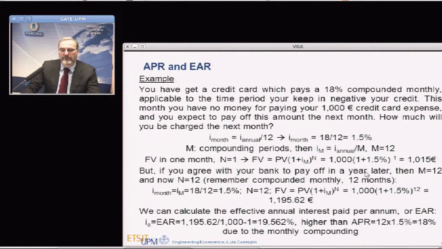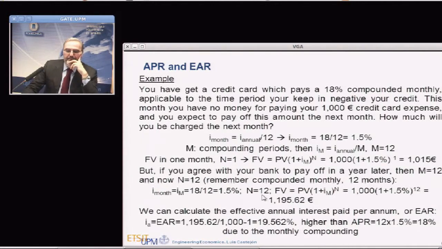But for example, if you want to pay this amount, 1,000 euros, a year later, then the number of periods is 12. So you will be charged this interest rate every month, and the final amount will be very high. Every month I will be charged the same 1.5%, because this calculation is always the same.